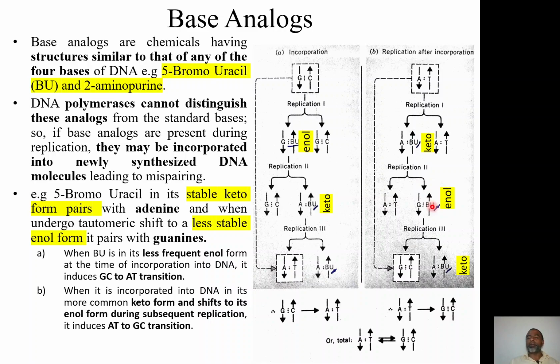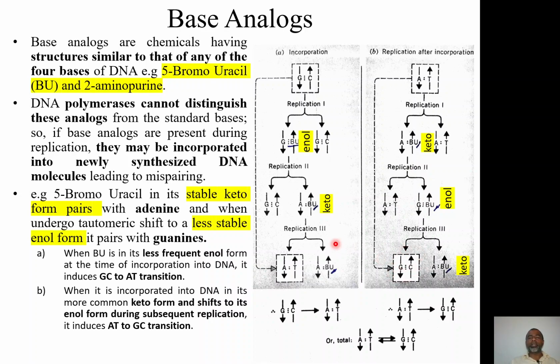In the enol form it will pair with guanine. In this round of replication, this guanine will bring cytosine opposite to it, and the bromouracil, because it is again in the keto form, will incorporate adenine opposite to it. Now look: the original AT has changed to GC. So now it has an AT to GC transition.